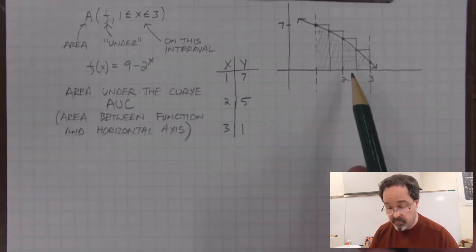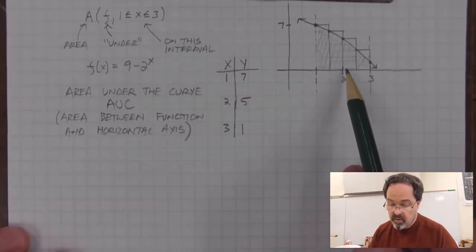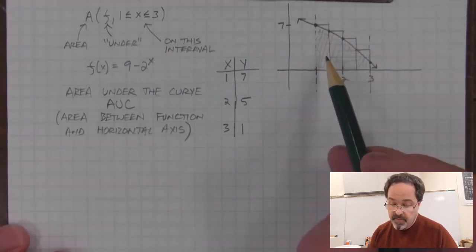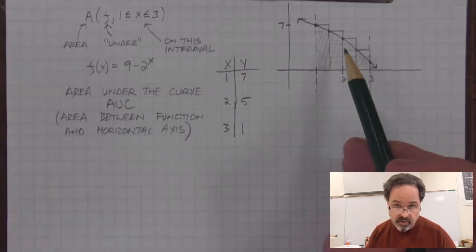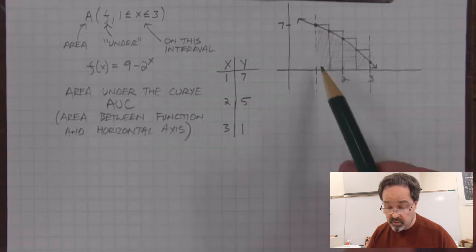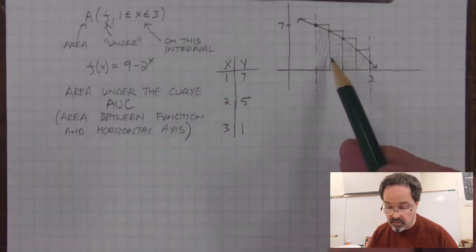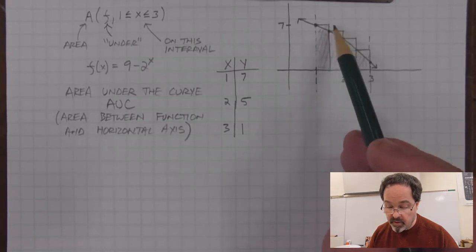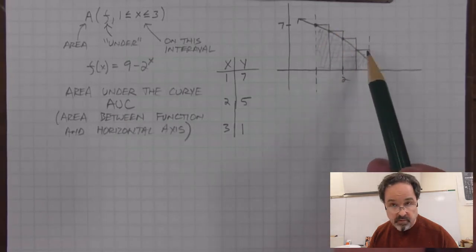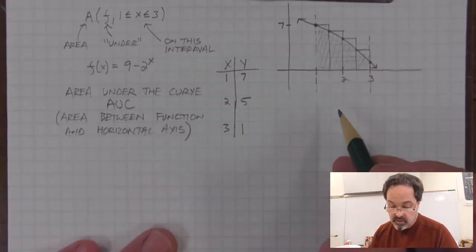Now I know that the sum of these rectangles is going to be an estimate and not exact, because visually I can see that every rectangle is going to have an area that is slightly greater than the portion of the shaded region that is enclosed by it. These rectangles peak above the shaded region here. But it's a way that I can organize my estimate.